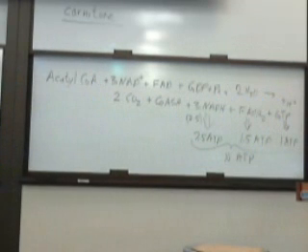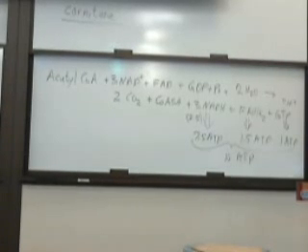Now, let's go back over here, and we'll finish this off. If we get 10 molecules of ATP from each acetyl-CoA, I think you can see we are going to get 80 ATP here.